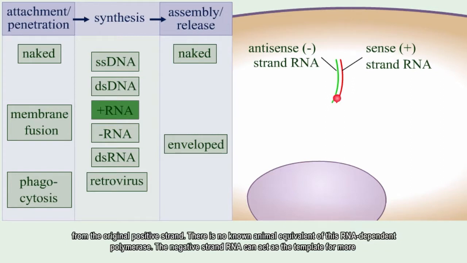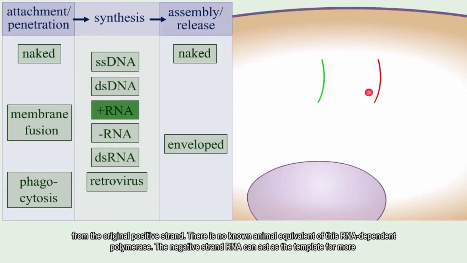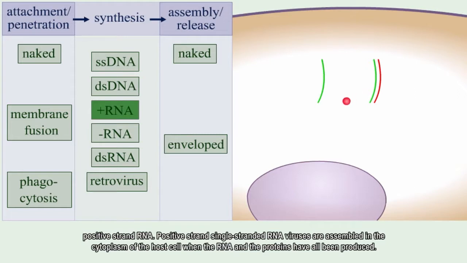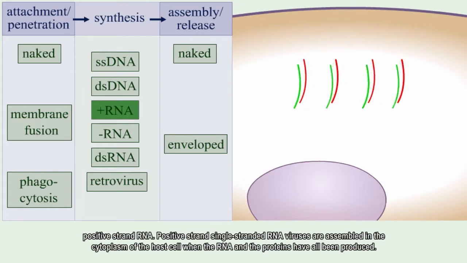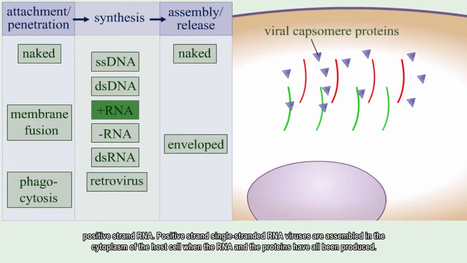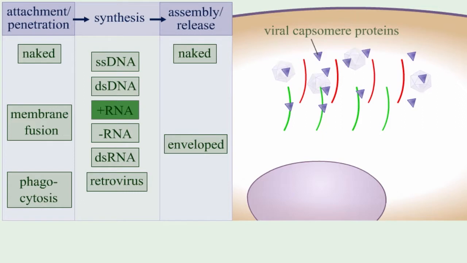There is no known animal equivalent of this RNA-dependent polymerase. The negative strand RNA can act as a template for more positive strand RNA. Positive strand single-stranded RNA viruses are assembled in the cytoplasm of the host cell when the RNA and the proteins have all been produced.